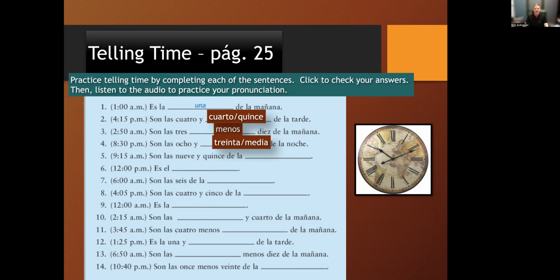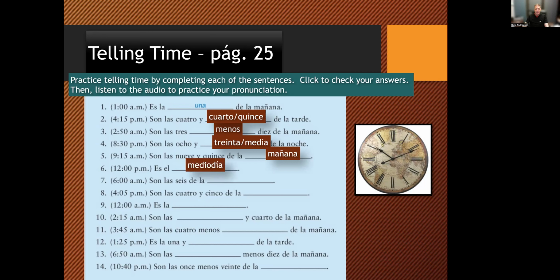Okay. Clases, repitan. Son las 8:30 de la noche. Okay, 9:15 a.m., número 5. Son las 9:15 de la mañana. Clases, repitan. Son las 9:15 de la mañana.